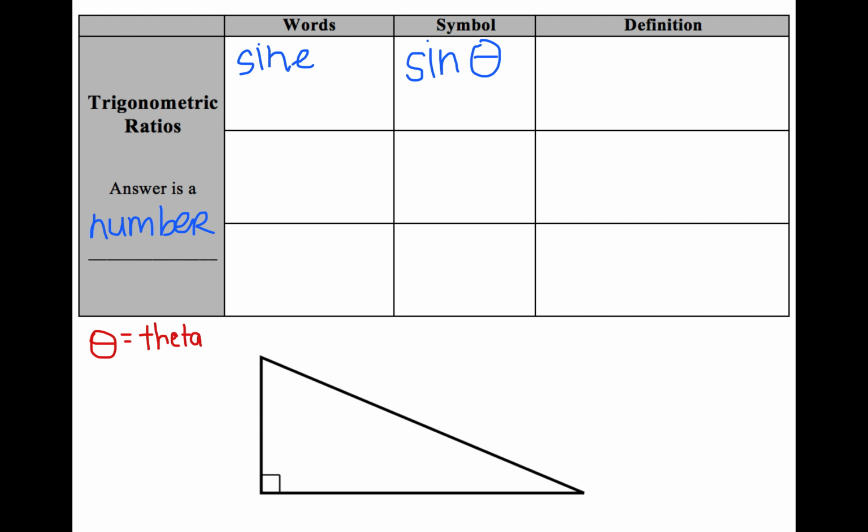Greek letters are used a lot in trigonometry. The way that I'm going to define sine theta is it is equal to the opposite side, so the side opposite of theta, divided by the hypotenuse.